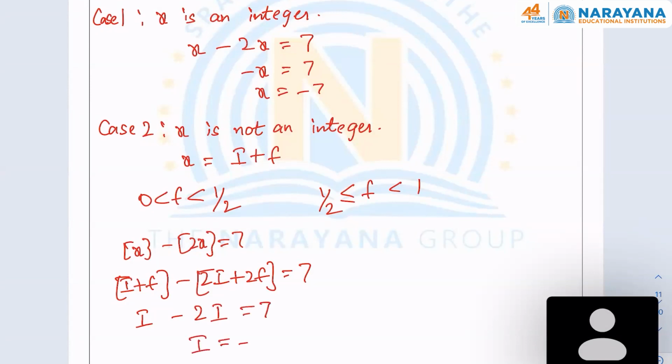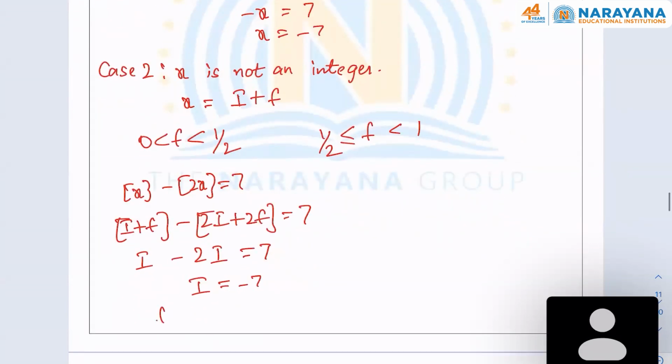So I is equal to minus 7, and f lies between 0 to half. So here the range of a is minus 7.5, sorry, minus 6.5, minus 7 to minus 6.5.